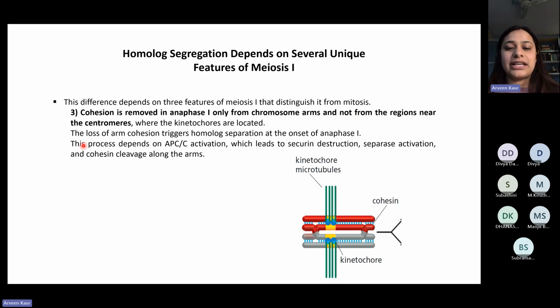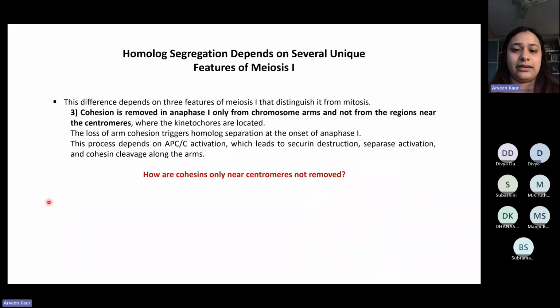This process depends on APC complex activation, which leads to securin destruction, separase activation, and cohesin cleavage along the arms. But there is a reason why the cohesion around the centromere is not removed.